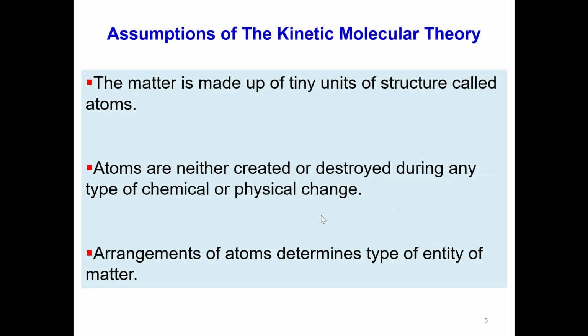What are the assumptions of the kinetic molecular theory? First, matter is made up of tiny units of structure called atoms. And the atoms are neither created nor destroyed during any type of chemical or physical change. This is similar to energy: energy cannot be created or destroyed.